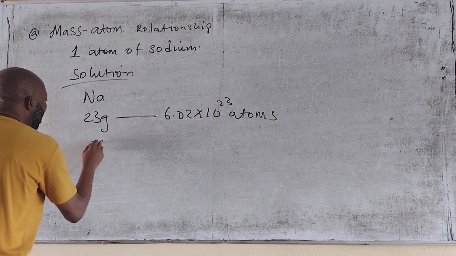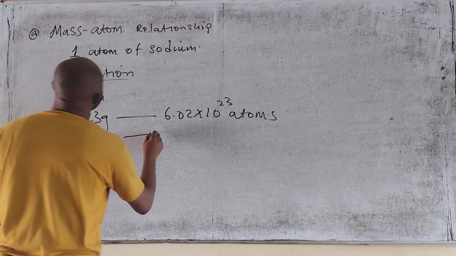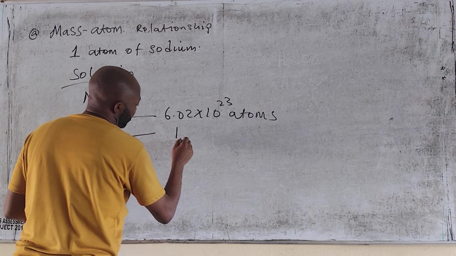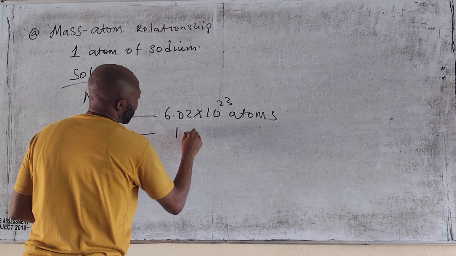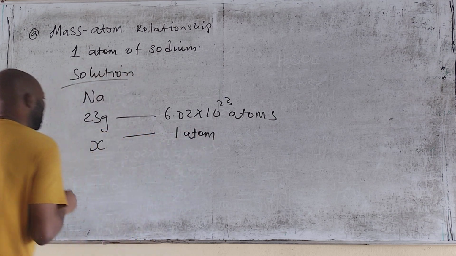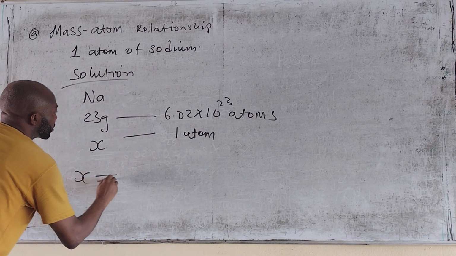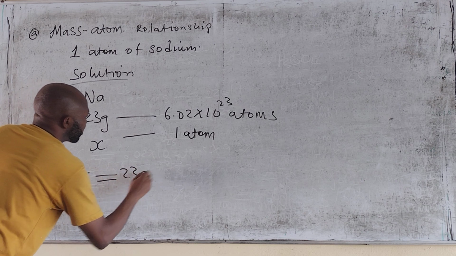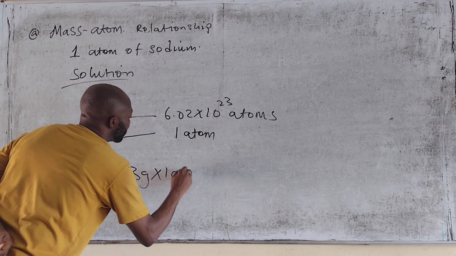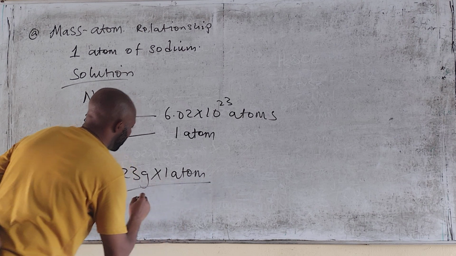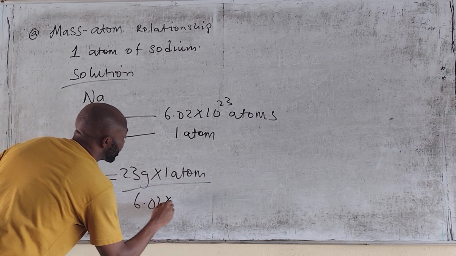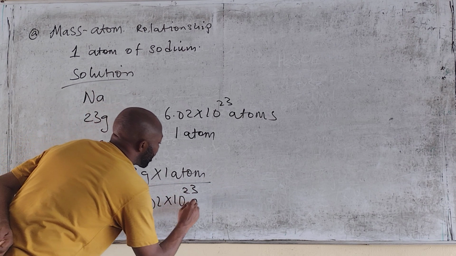Now, how many grams of sodium will give me 1 atom of sodium? Now, my x is equivalent to 23 grams times 1 atom over 6.02 times 10 raised to the power 23 atoms.